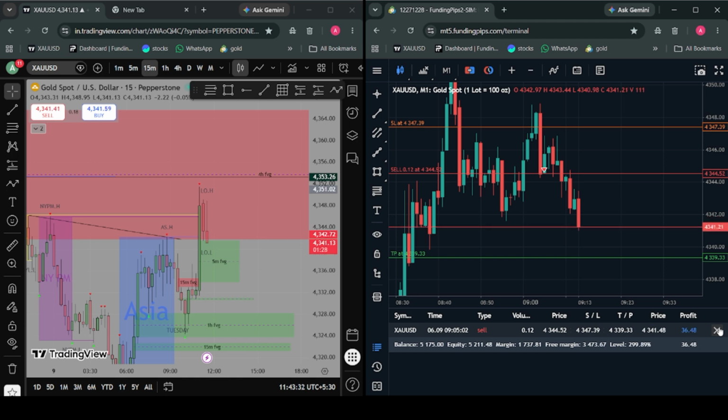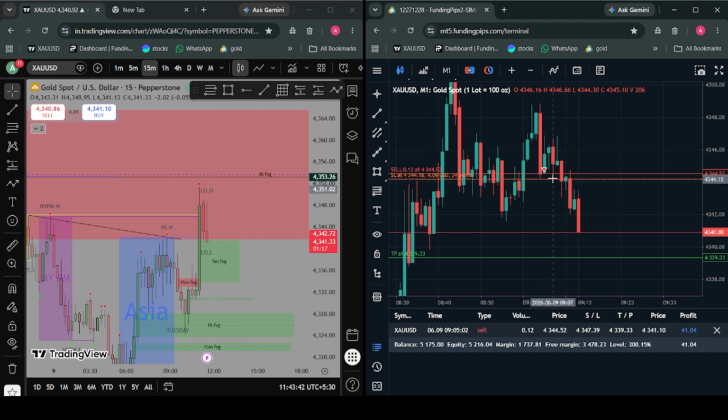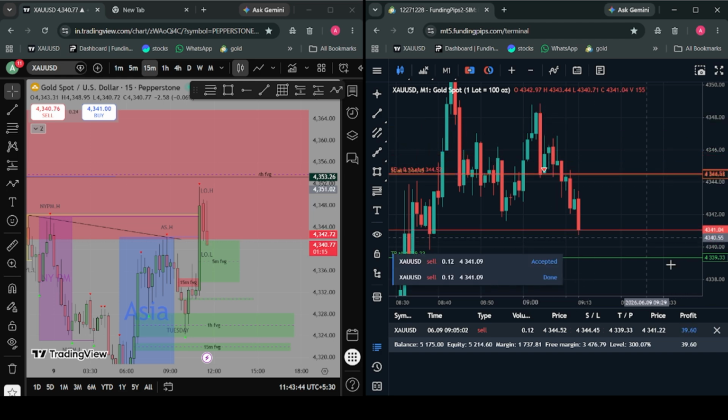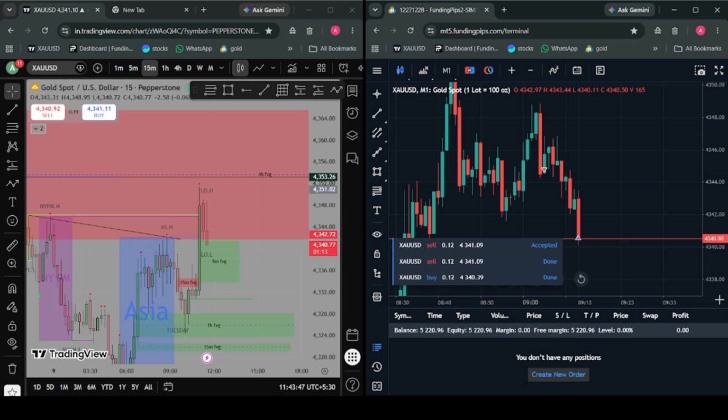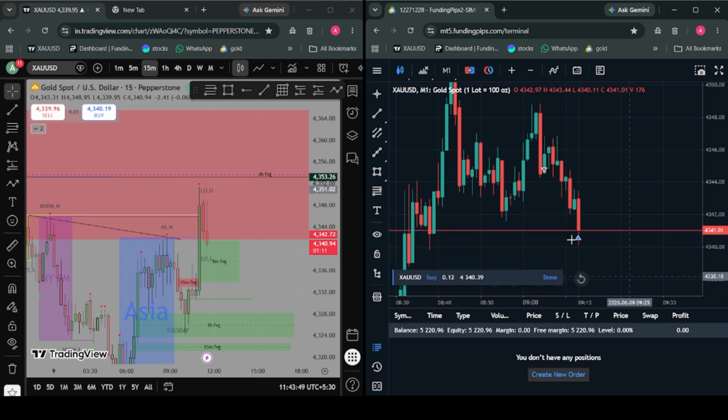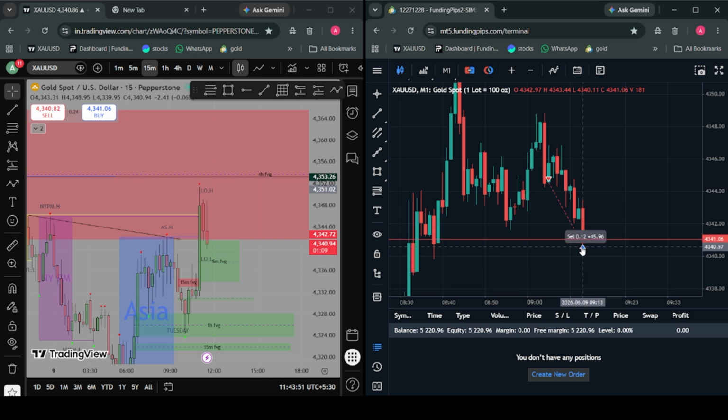Okay, so I see a clear spike to the downside. And break even, and boom, we are done for the day, guys. This is how we trade. This is how we short gold.